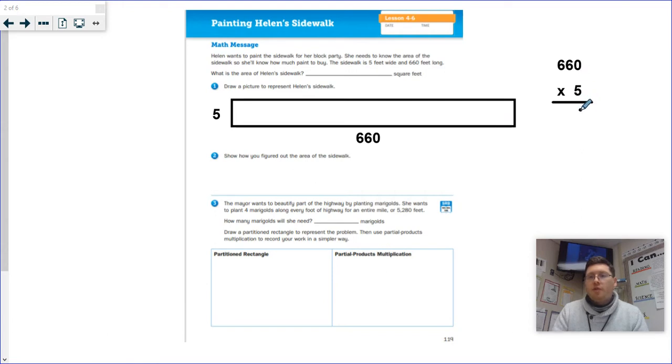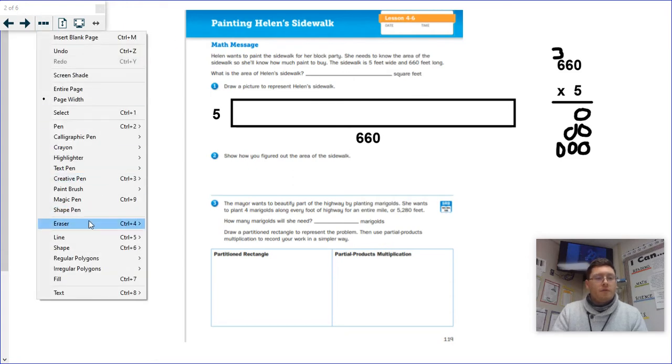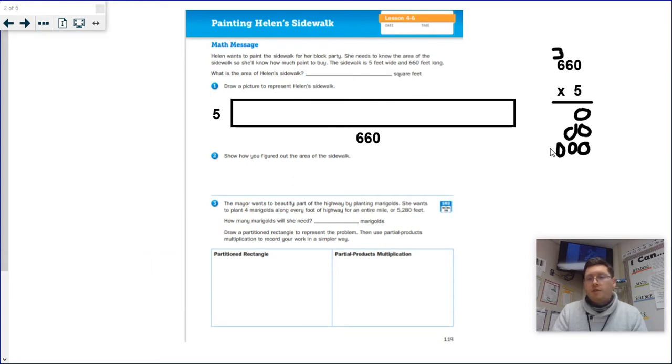So 5 times 0, that's 0. 5 times 6, okay, as I move over, 0, so that's 0 here, 3 at the top. 5 times 6 again is 30, plus 3 more, that's 33. All of these little zeros are tripping me up.